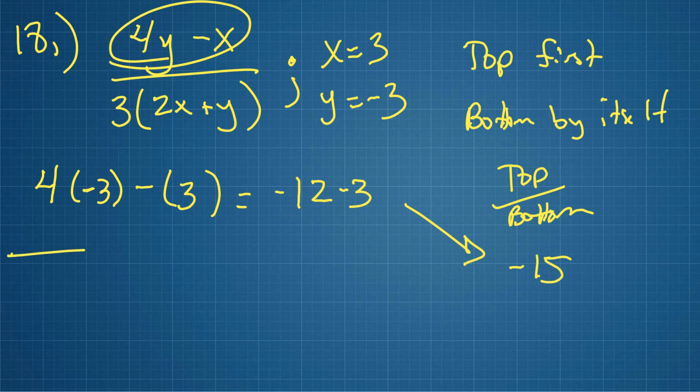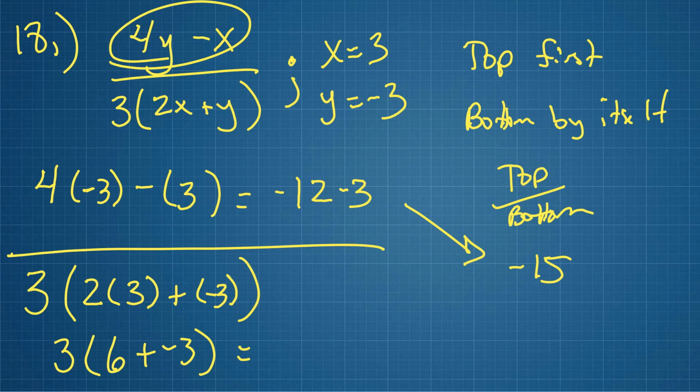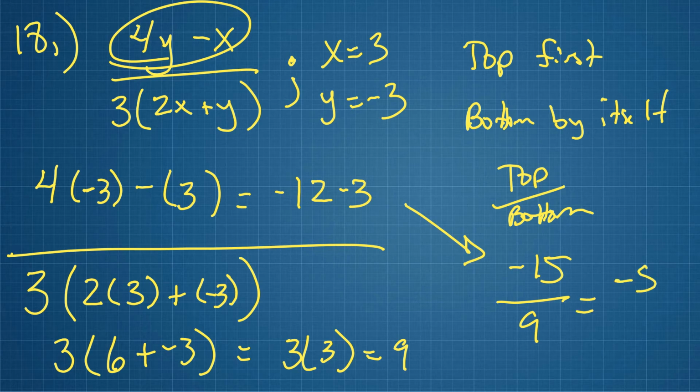The bottom I have 3 blank parentheses, 2 times empty set of parentheses instead of x, plus empty set of parentheses instead of y, close the parentheses. I put 3 here, I put negative 3 there. All right, 3 times I have in there 6 plus negative 3, so it becomes 3 times 3, which is positive 9. And once again, this simplifies to negative 5/3. So even though I got the same answer, the top and bottoms were opposite signs if we looked at it more closely. Okay, that's it for 18.